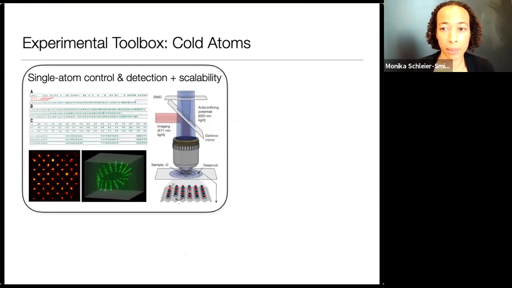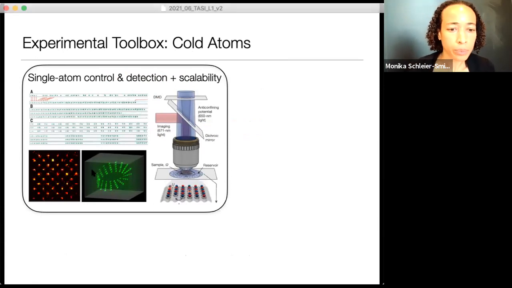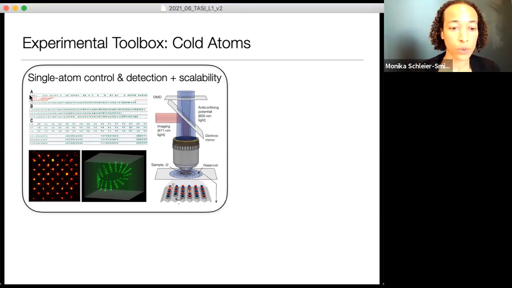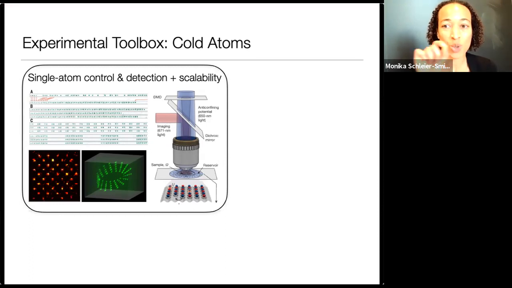So let me tell you a little bit about the standard toolbox in my field. In fact, what I'm showing you here, I shouldn't even call this standard. This is state-of-the-art, what's possible in some of the most advanced labs around the world. One of the nice things about these cold atom experiments is that it has become possible to have a very, very well-controlled quantum system, where by now in a few groups around the world, it's possible to have even individual atoms that you can position wherever you want.